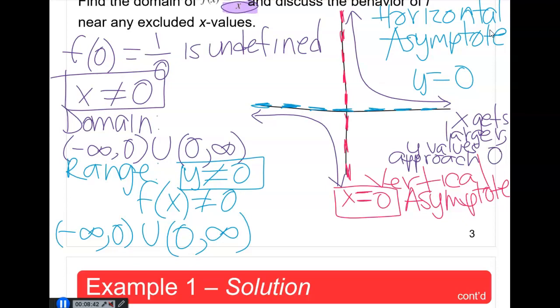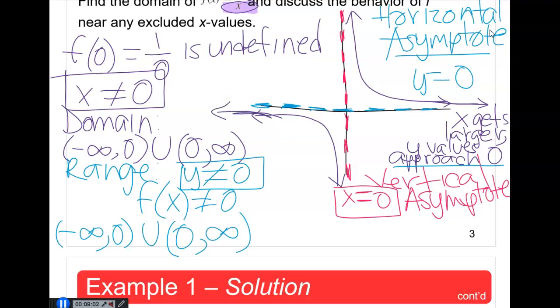And so that's also another good explanation for having that horizontal asymptote at 0. So if I was to extend this function, it will get closer and closer to the x axis, but it will never touch it. If we look at it on this left side, same thing.